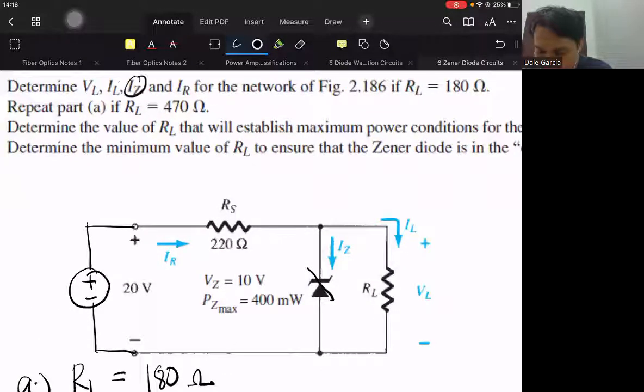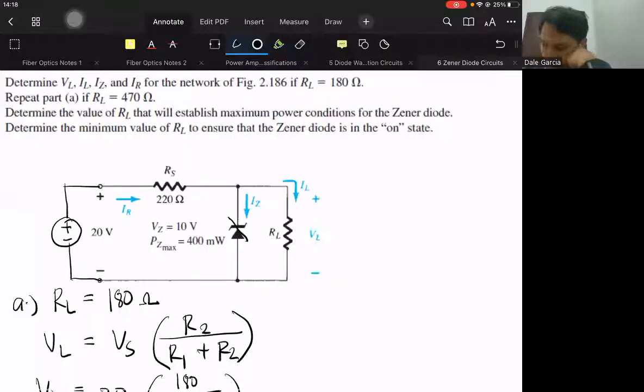IZ, IL and IR in this case will be equal. So let's solve for IL and IR, which will be equal in effect.